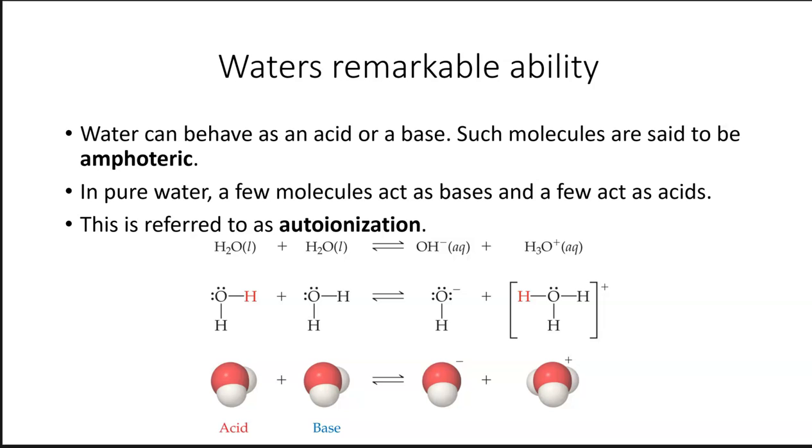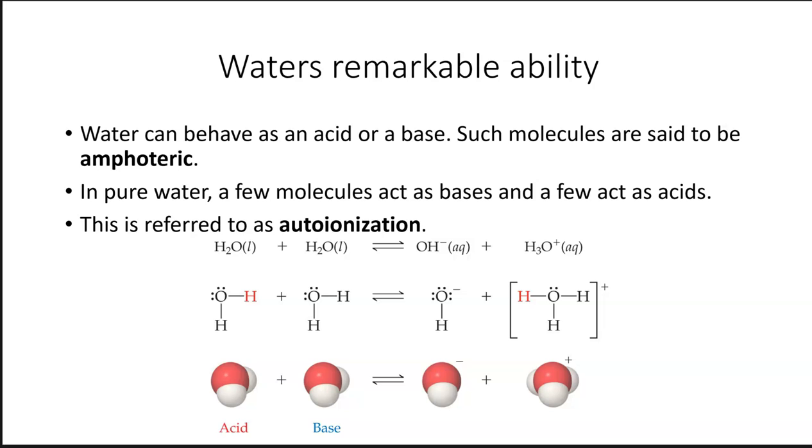In pure water, there's only a few hydronium and hydroxide ions, and when water undergoes this reaction to create hydronium and hydroxide ions, we describe the process as being autoionization. That is, these two molecules are capable of ionizing themselves without outside assistance.